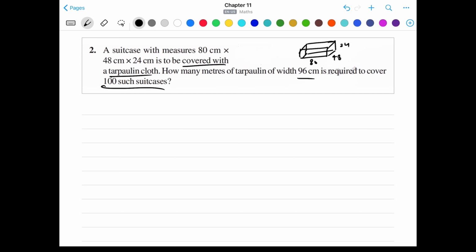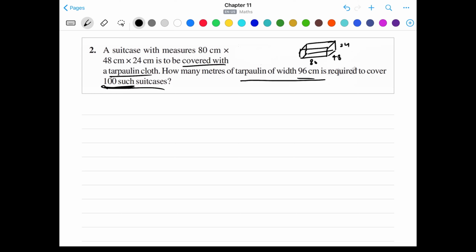So we are given the measurement of the box, or you can say suitcase, so we can easily calculate its total surface area. Then there are total 100 such suitcases, so we'll multiply the total surface area of one box with 100, so we'll get the total surface area of the 100 suitcases. Okay, and we need to cover those suitcases with tarpaulin cloth.